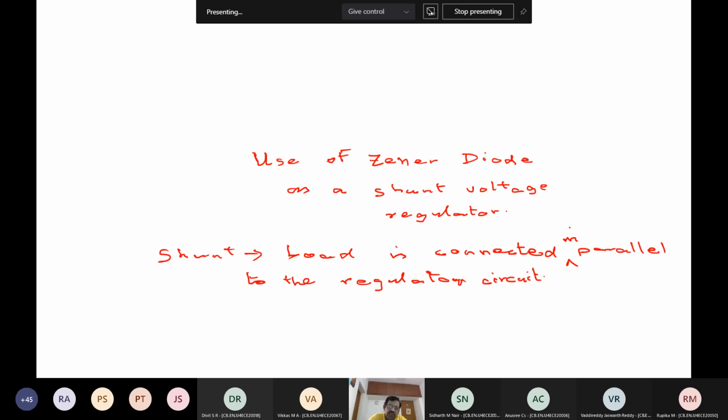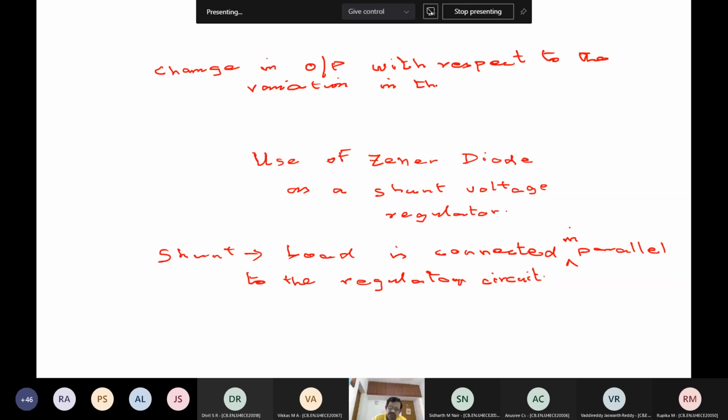Whenever that is the case, you will have a change in output with respect to the variation in the input voltage.